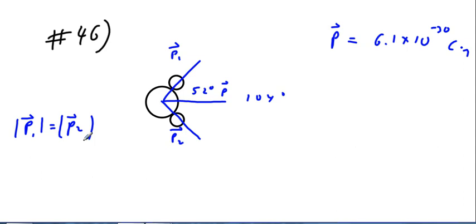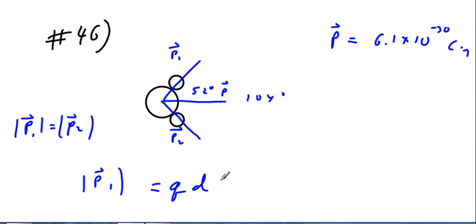Then the magnitude of P1 is going to be QD, where Q is the net charge on the hydrogen atom, and D is the distance between the oxygen and the hydrogen.